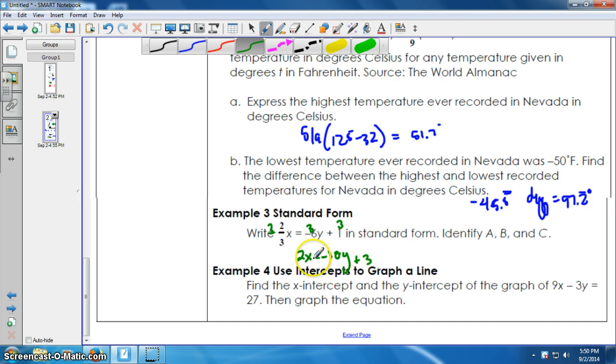And then the way we get our y over there with our x to have A, B, C is just add 18y. So it's 2x plus 18y equals 3. So there's our A, there's our B, there's our C. So it's in standard form, A, B, C. X then y equals your C.